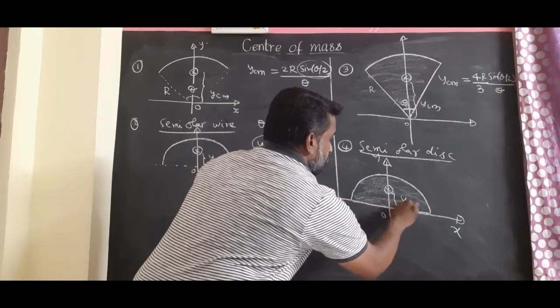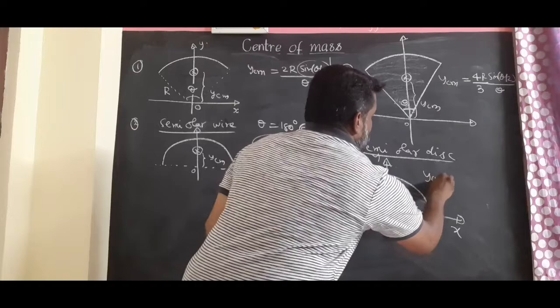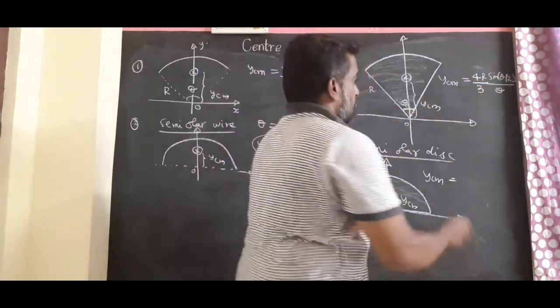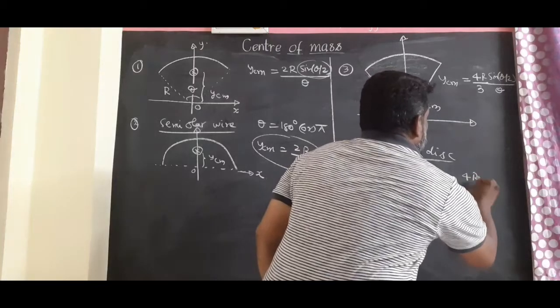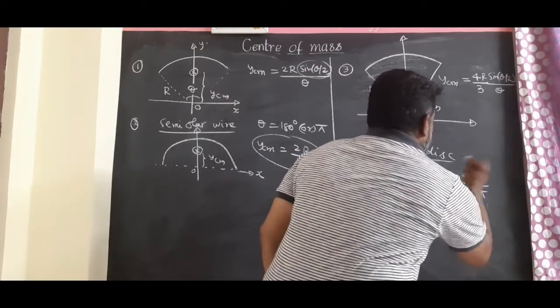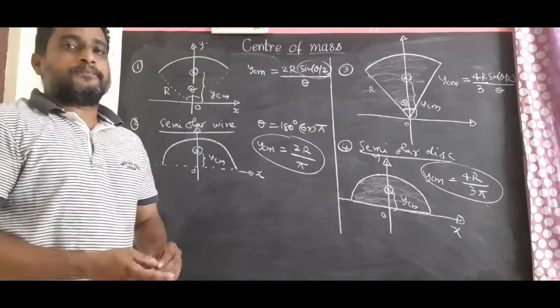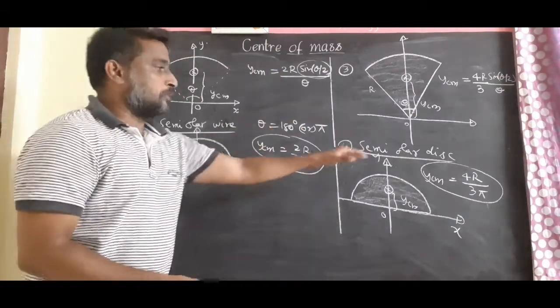This is YCM. So YCM is equal to, by substituting theta equal to 180 degrees, 4r by 3 pi. This formula you have to memorize.